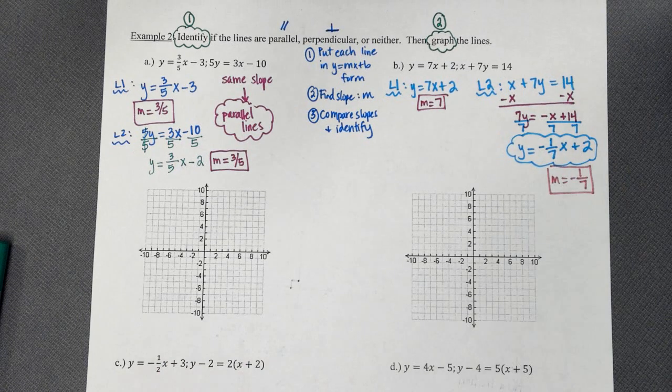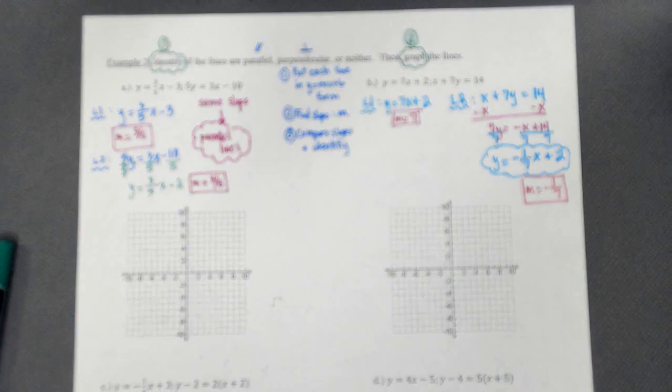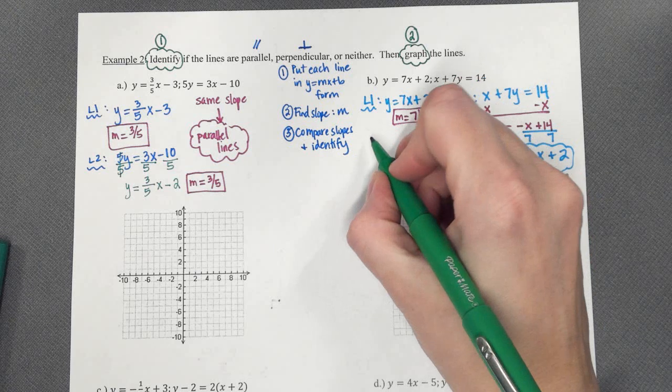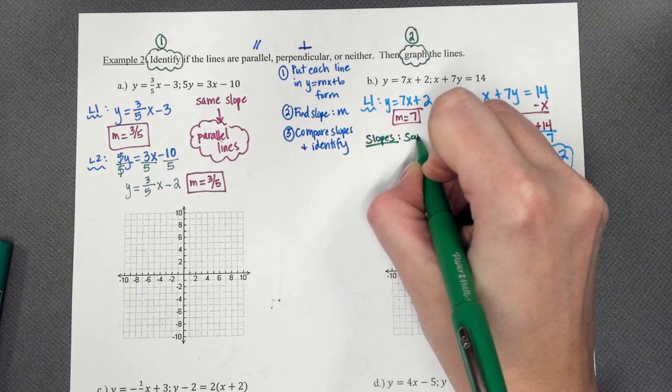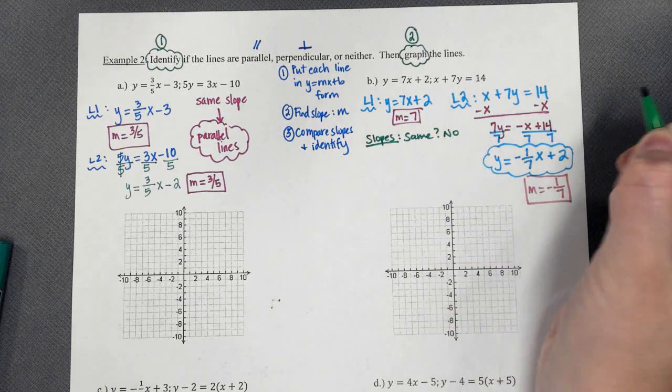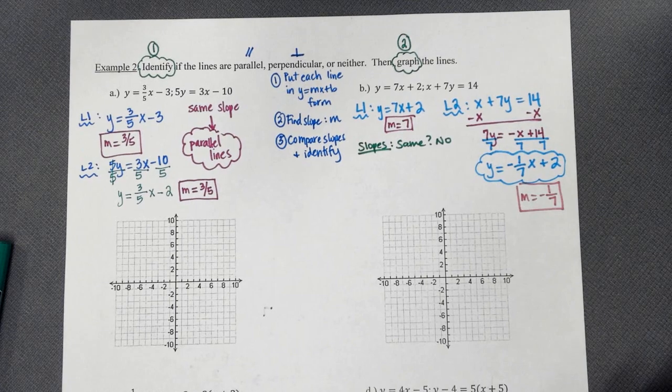Okay, so these are going to be the questions that you're going to ask yourself, and I'm going to write them down here. So are the slopes the same? So you're comparing the slopes. Are they the same? No. The second thing is, are they opposite reciprocals?